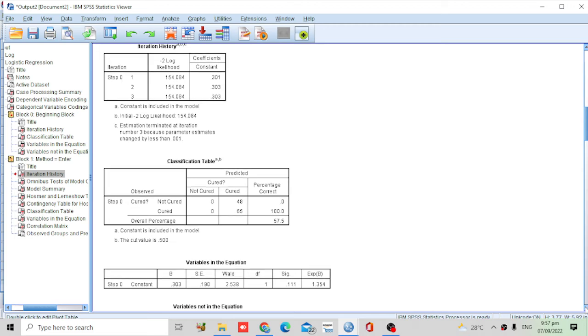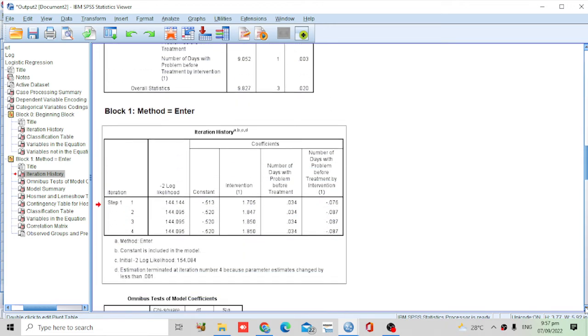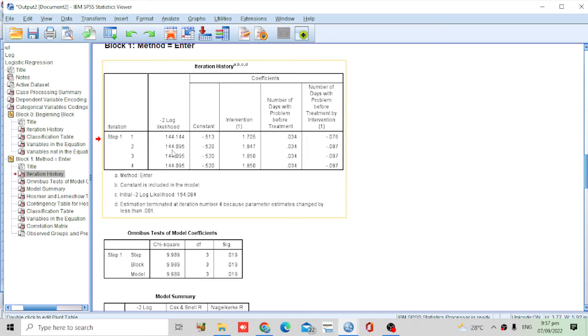So this means we have an indication that our final model is very promising, or we have a good final model.